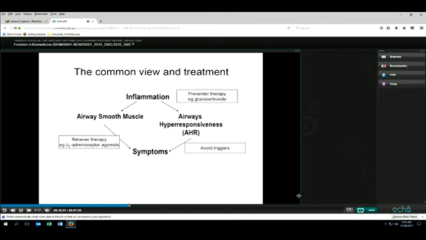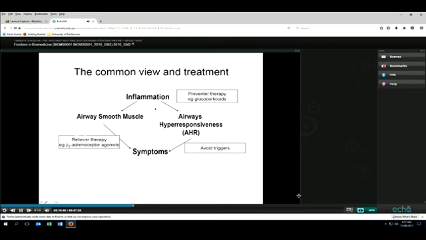So the common approach to assessment of asthma, or to thinking about how asthma manifests, is that there's by and large two components: smooth muscle hypertrophy and hyperresponsiveness, and these are addressed differently. So smooth muscle hyperresponsiveness or smooth muscle contraction is addressed with beta agonists: salbutamol, salmeterol, formoterol.